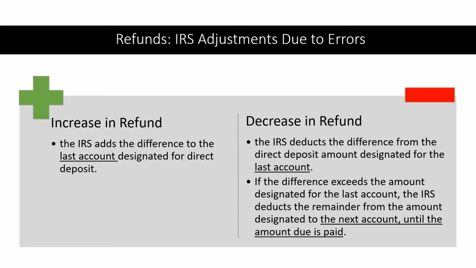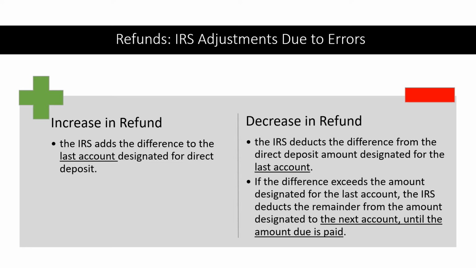And if the refund was from a direct deposit, if the refund is increasing, then the IRS will add the difference to that last account that is on Form 8888. If there's a decrease in refund, then the IRS deducts the refund from that last account, and if that last account does not have enough funds in there, then they will go to the next account up on that Form 8888.